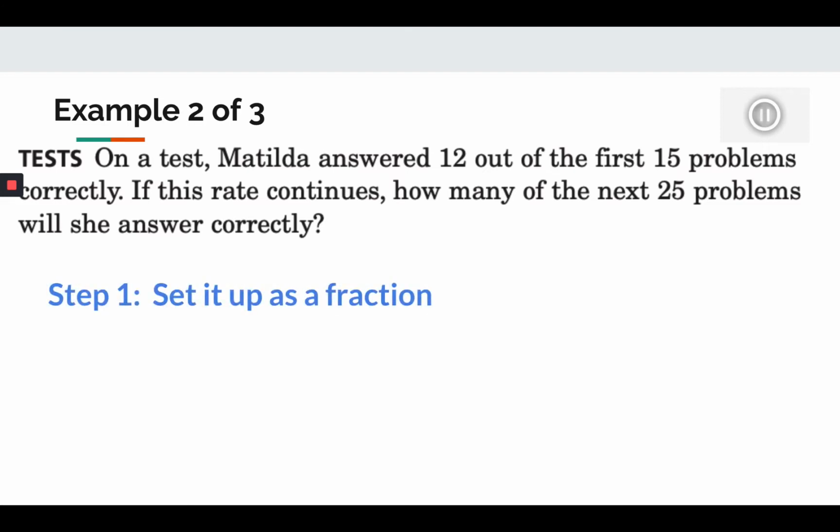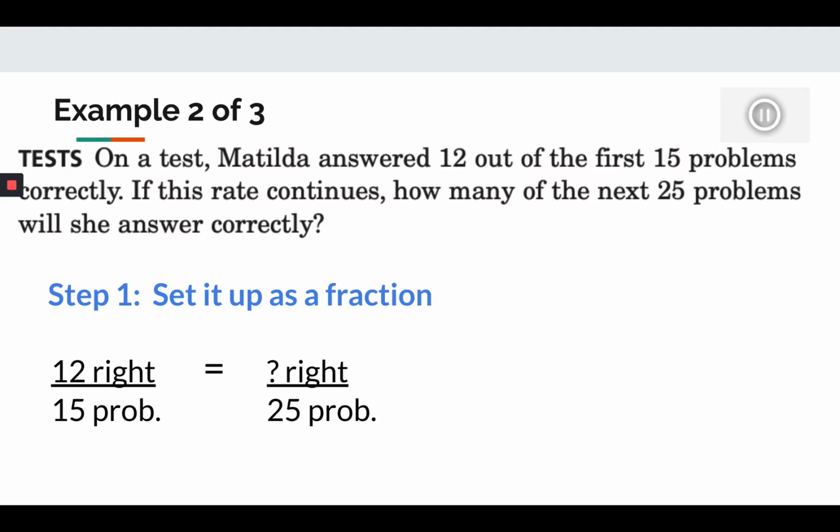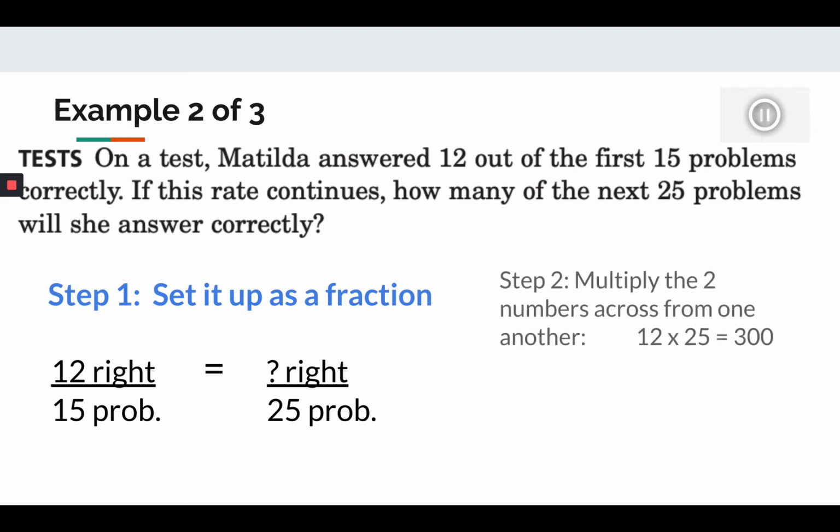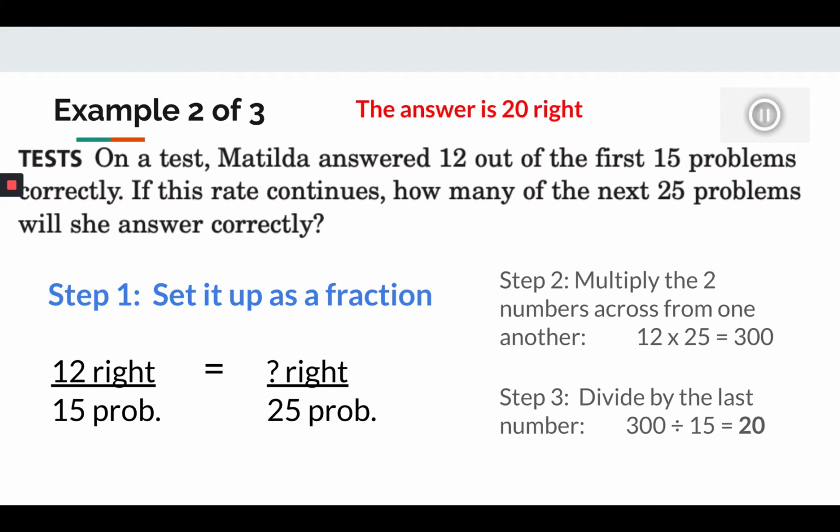Set it up as a fraction. I said 12 right problems out of 15. How many right out of 25? Hopefully by now you're getting the pattern. 12 times 25 is 300. And 300 divided by 15 is 20. The answer is 20 right problems out of the next 25, if she keeps that proportion.